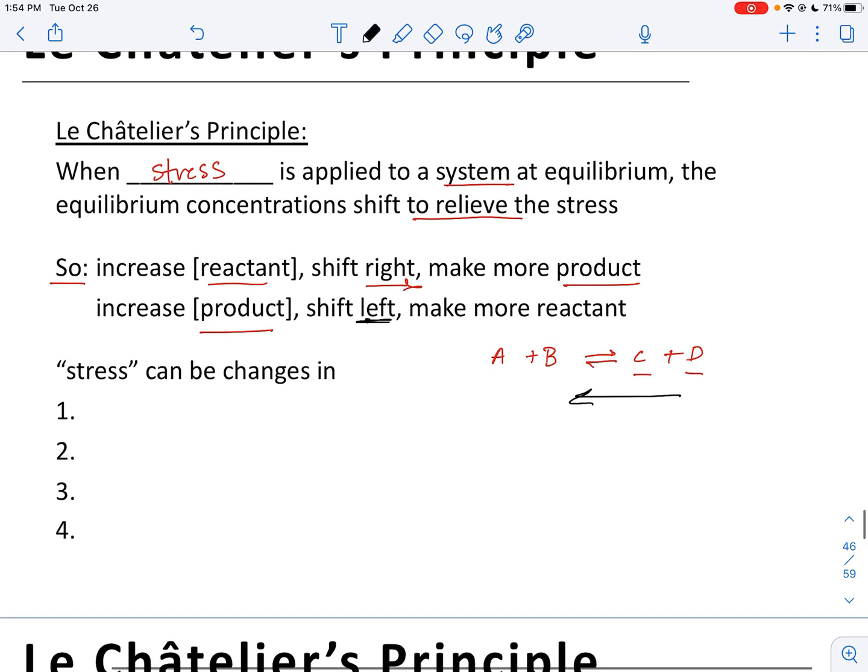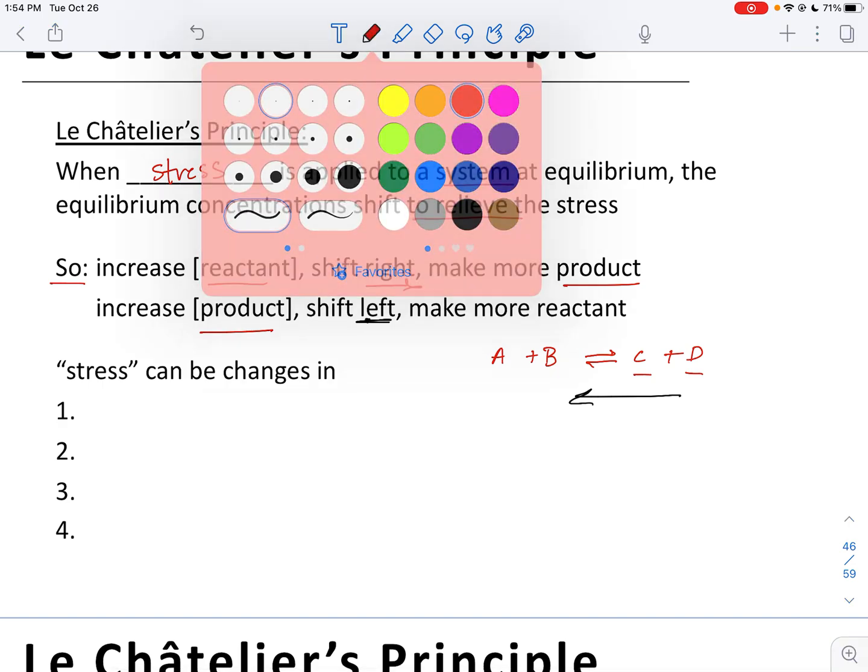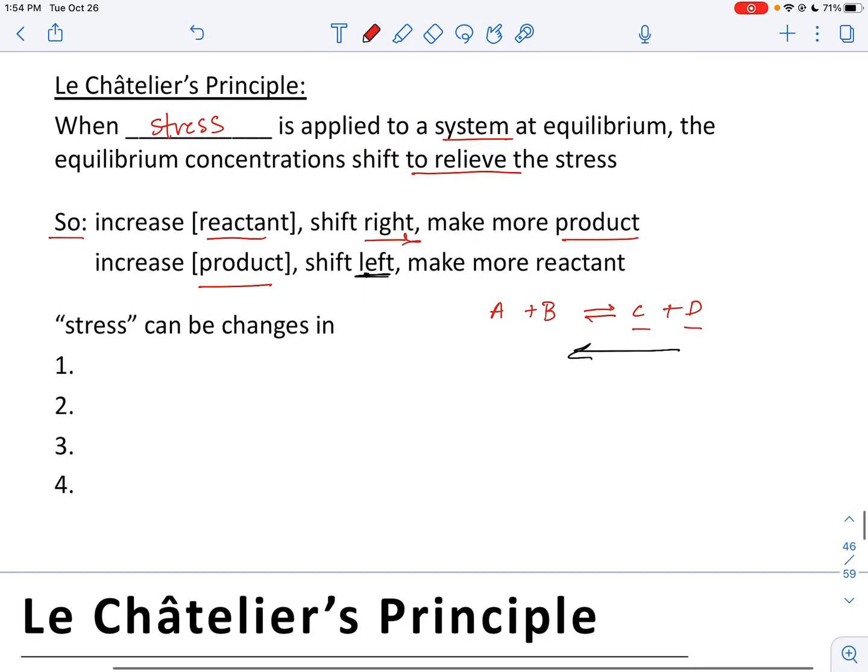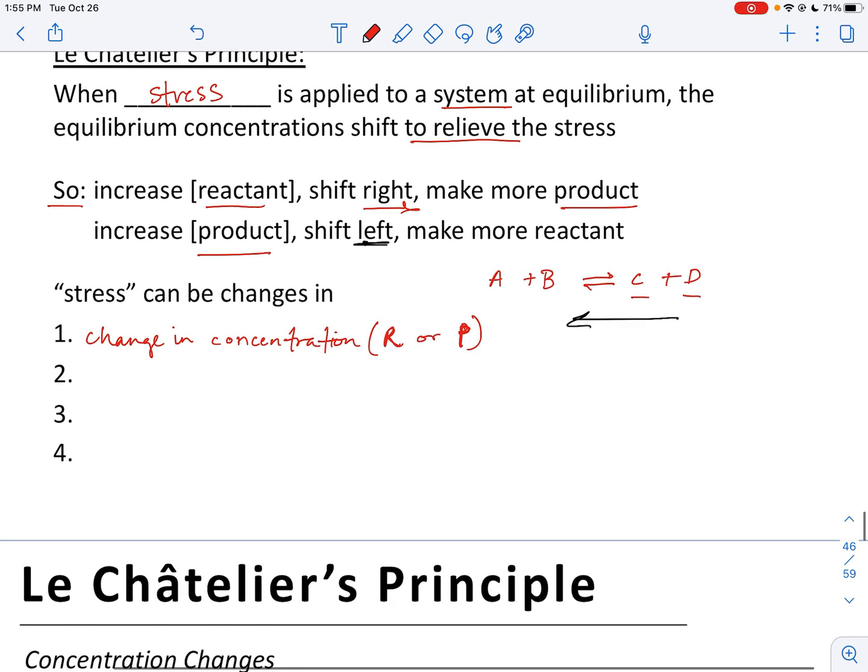And a stressor can be, as we just said, a change in concentration. You can change, I'm going to put in parentheses, R or P. You can change the concentration of reactants or products, and it causes equilibrium to shift different ways depending on what you're changing.